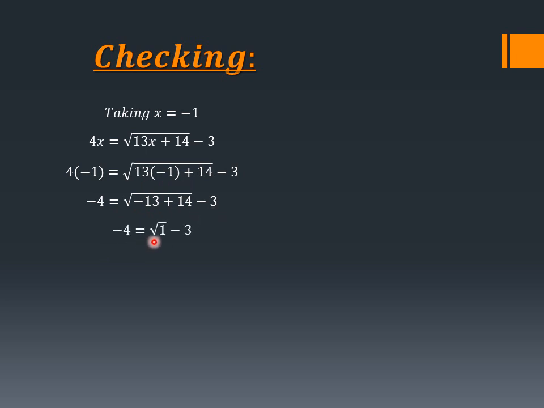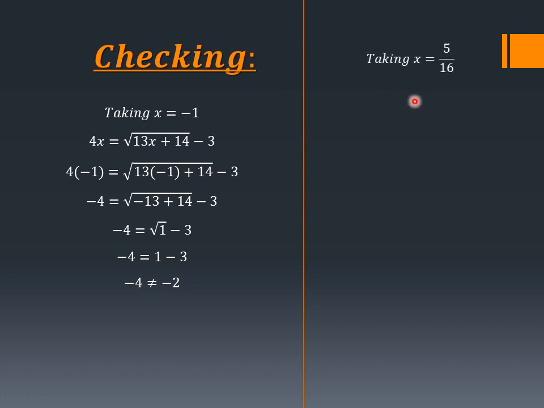Minus 4 equals to under root 1 minus 3. The under root 1 is 1, so subtracting it from 3 we will get minus 4 and minus 2. Both the things are not equal to each other, so minus 1 is the extraneous root, not the original one, so we won't write it in the solution set.